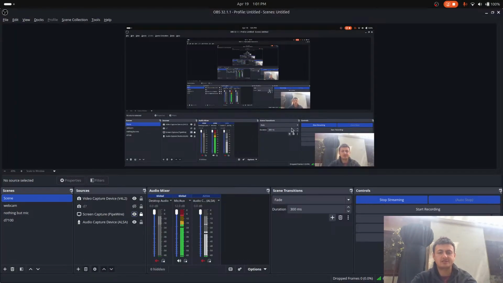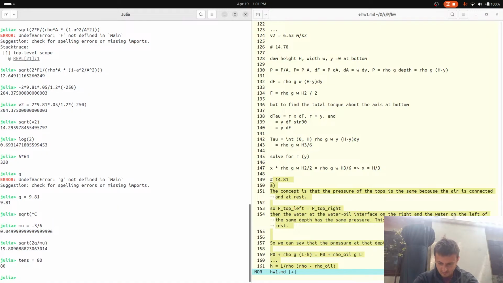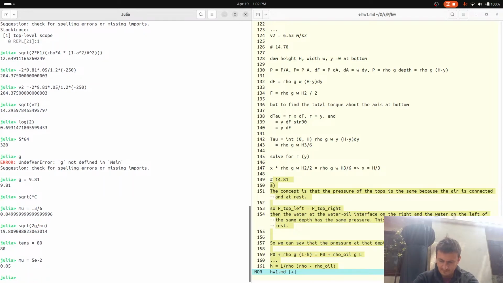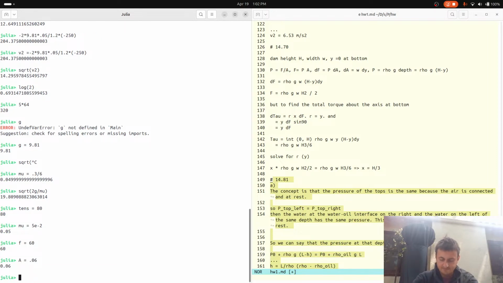All right, so let's just start to get some of this stuff in here. So we have tension is 80 newtons. Mu is 5e minus 2. F is equal to 60. A is equal to 0.06.